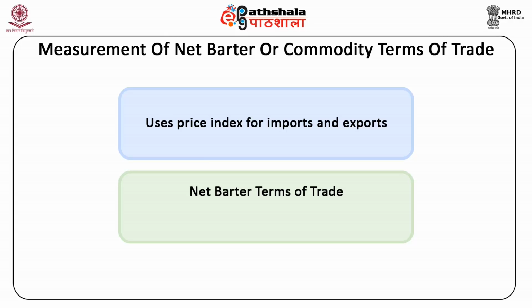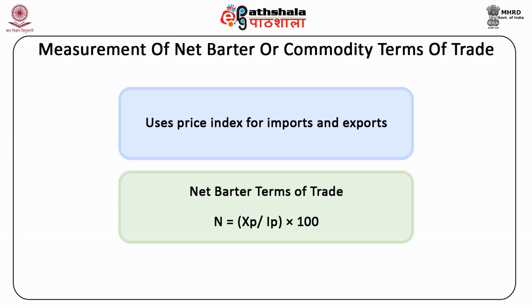Symbolically, net barter terms of trade is expressed as follows. N is equal to XP upon IP into 100, where IP stands for the price index number of import, XP for price index number of export, and N for net barter terms.